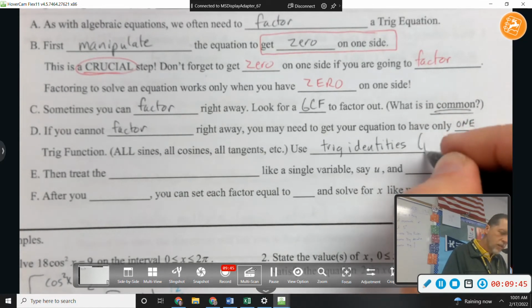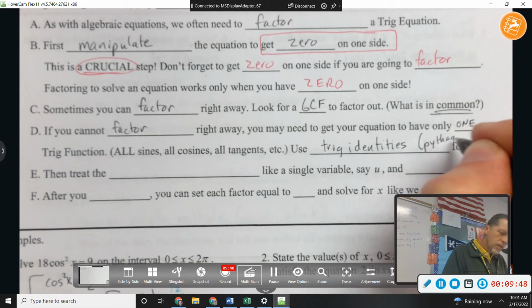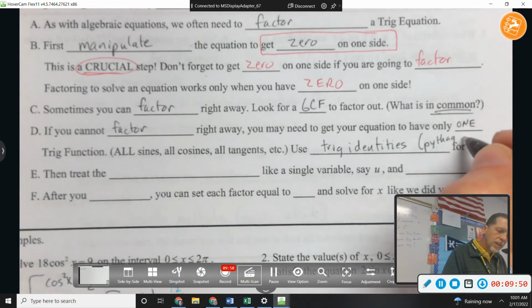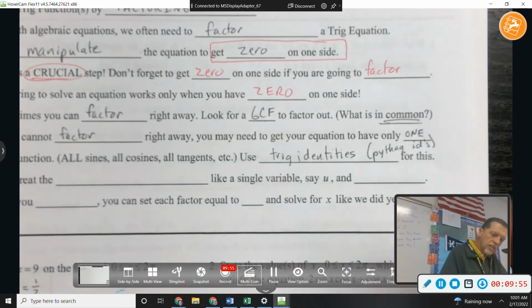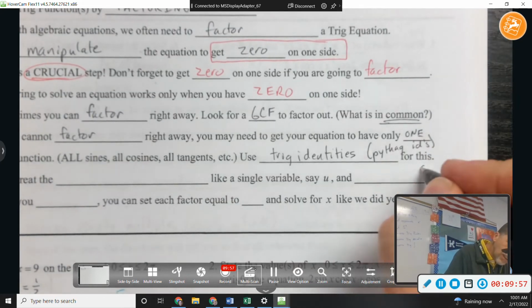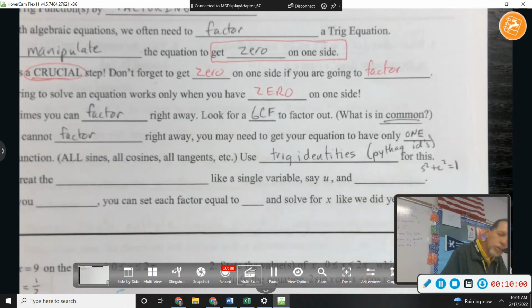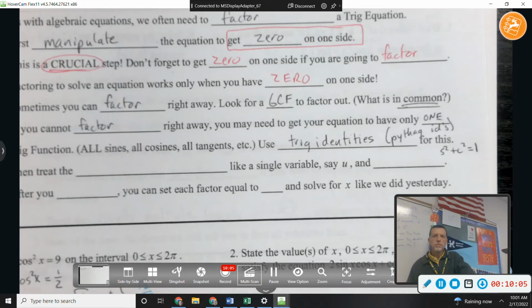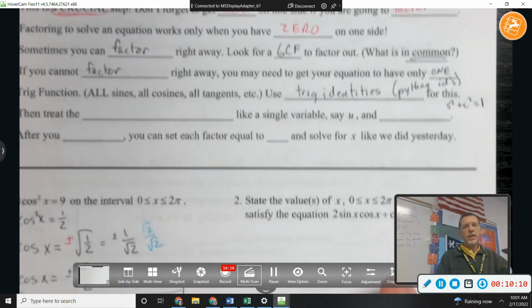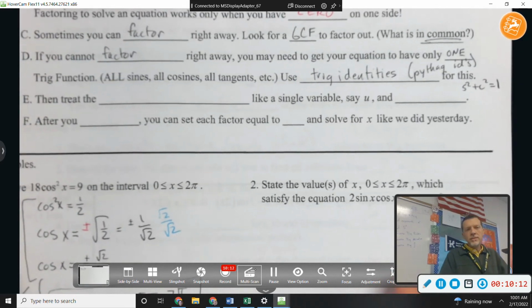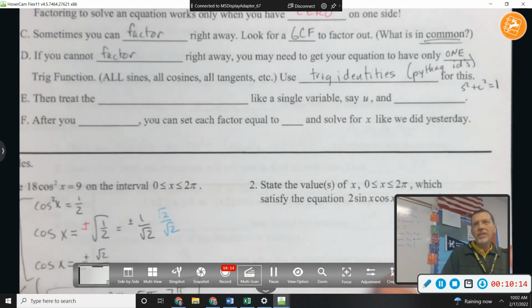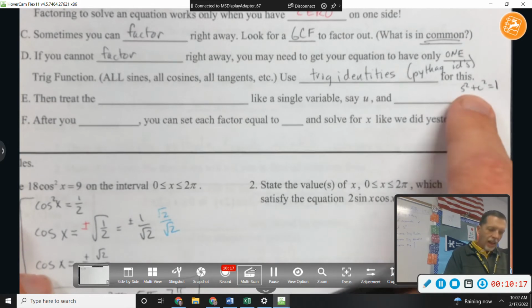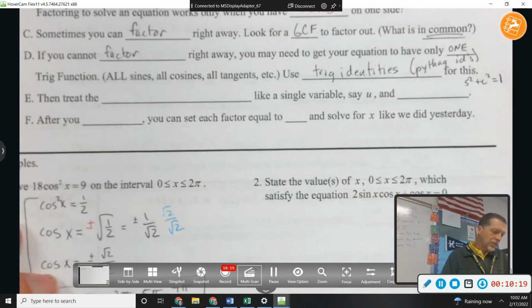Usually, probably only for us, it's the Pythagorean identities: sine squared plus cosine squared equals 1, and the other two that go with that. Probably most of you don't have the other two memorized. I don't either. I have the first one memorized, and I can get the others if I need to.